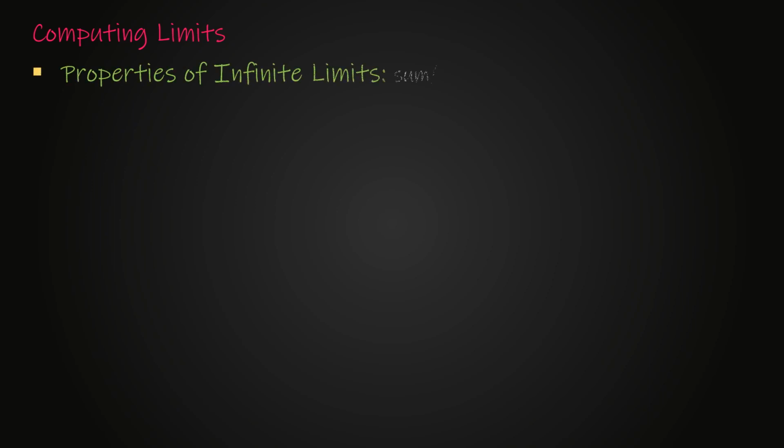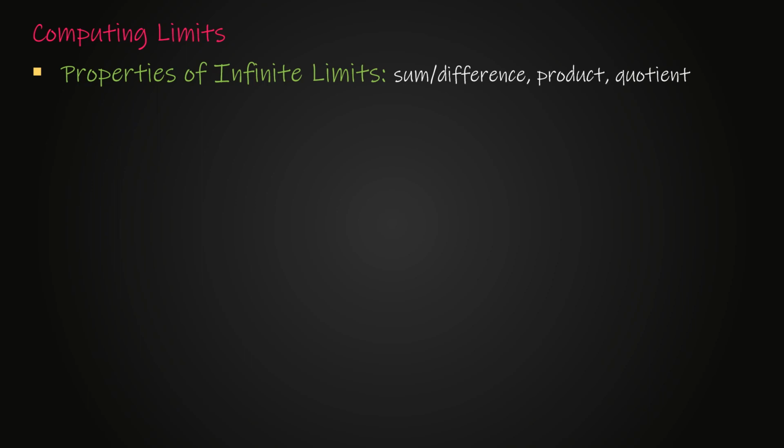In order to calculate the limit of a sequence, we need to apply some techniques in computing limits such as properties of infinite limits, sum or difference, product, and quotient properties.